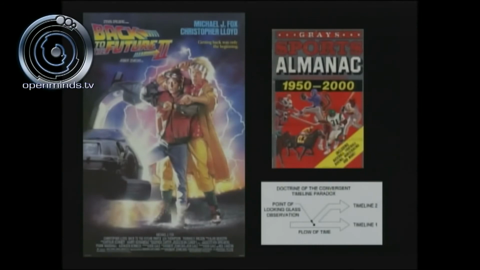Now, in this movie, a DeLorean is used to go from the year 1985 to the year 2015, and a character by the name of Biff Tannen eventually comes into possession of something called the Grays Sports Almanac, 1950 to 2005. He picks this up from an 80s memorabilia store. He goes back to the year 1985, and it's a cakewalk.